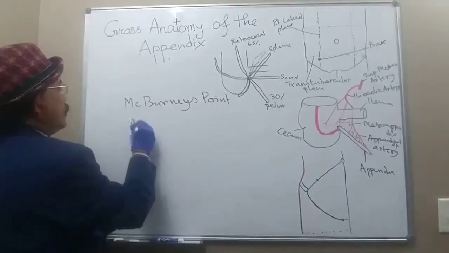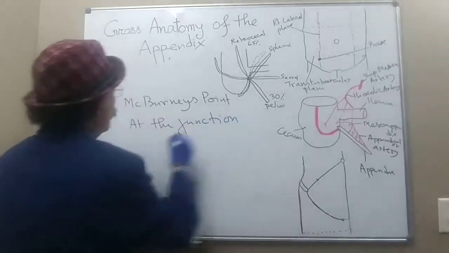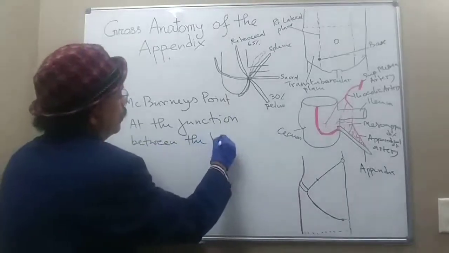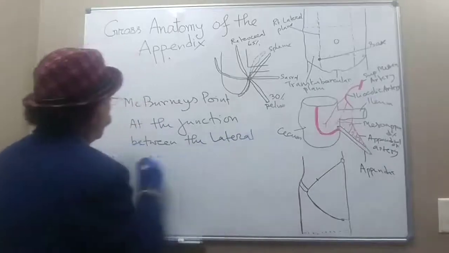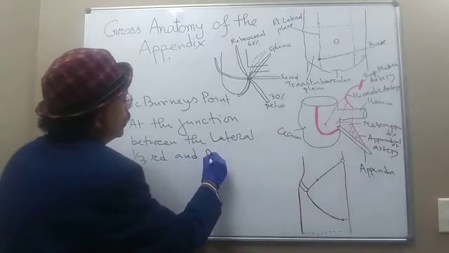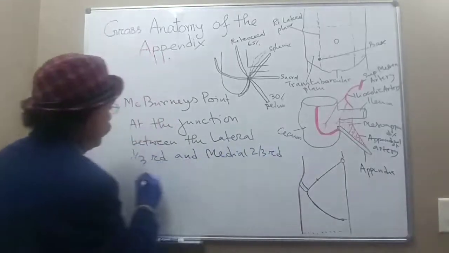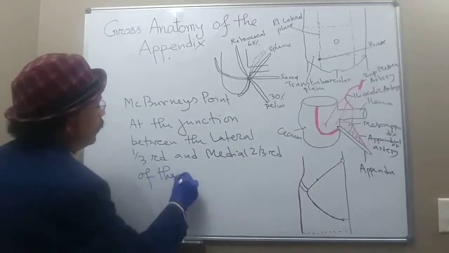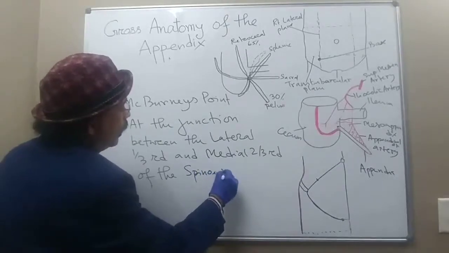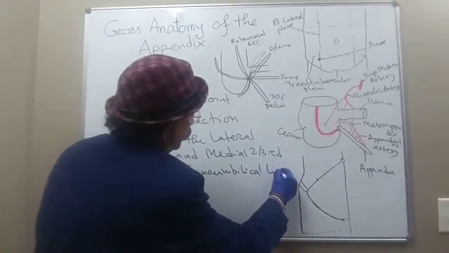So, at the junction between the lateral 1/3 and medial 2/3 of the spino-umbilical line, that is from the anterior superior iliac spine to the umbilicus.